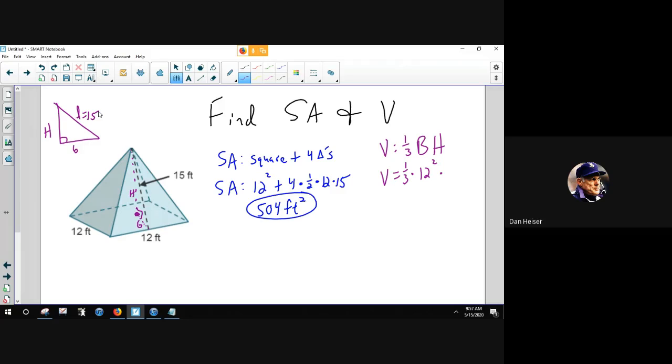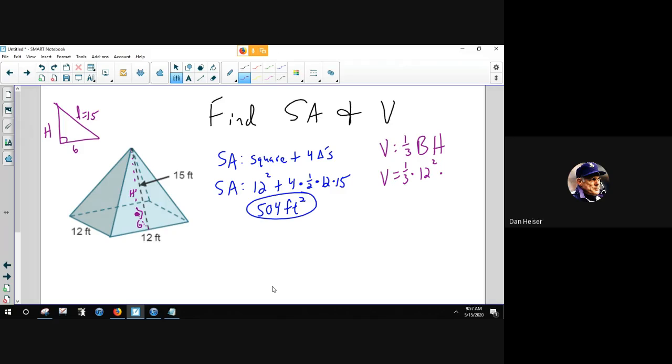That is the hypotenuse of this triangle. Here's the capital H, here's the half side of the square, and then going back up to the top, this slant height creates the hypotenuse. So we have a right triangle, using the Pythagorean theorem to find capital H.